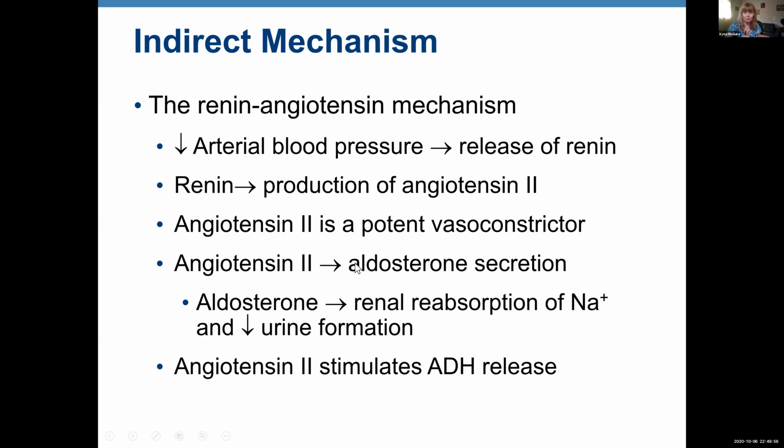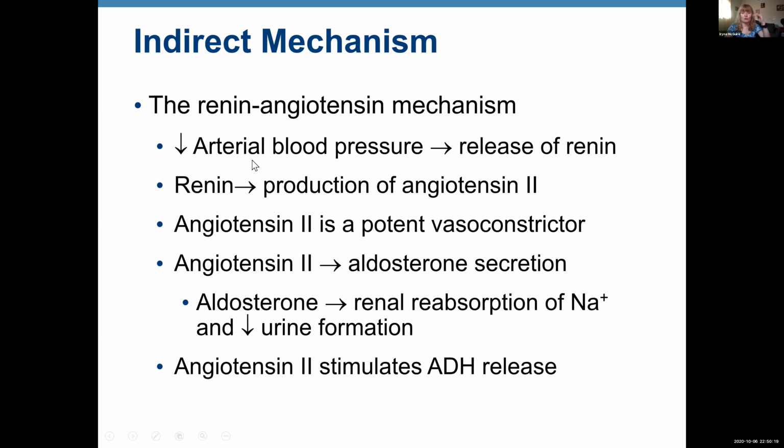Now the main concern for survival is high blood pressure, but we have way more mechanisms to raise our blood pressure. And this very famous renin-angiotensin-aldosterone mechanism is to raise our blood pressure, not to lower it. That means the stimulus is low arterial blood pressure.